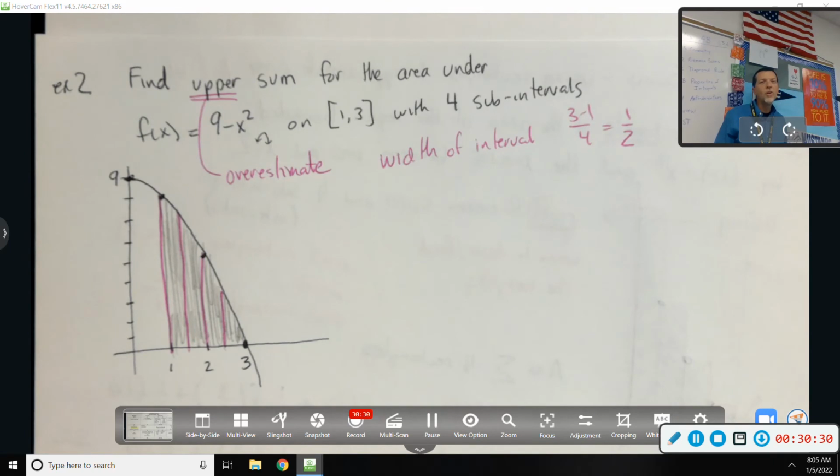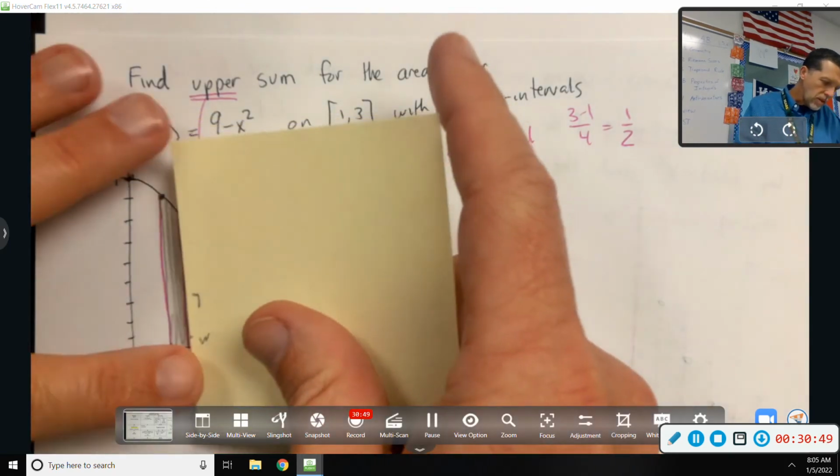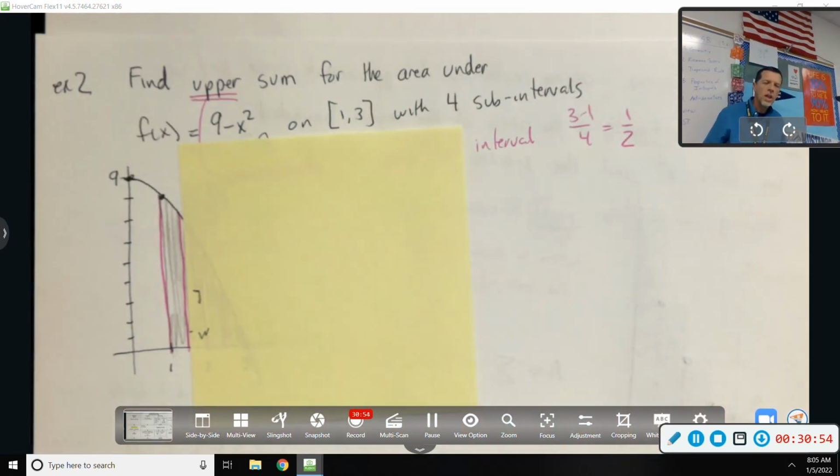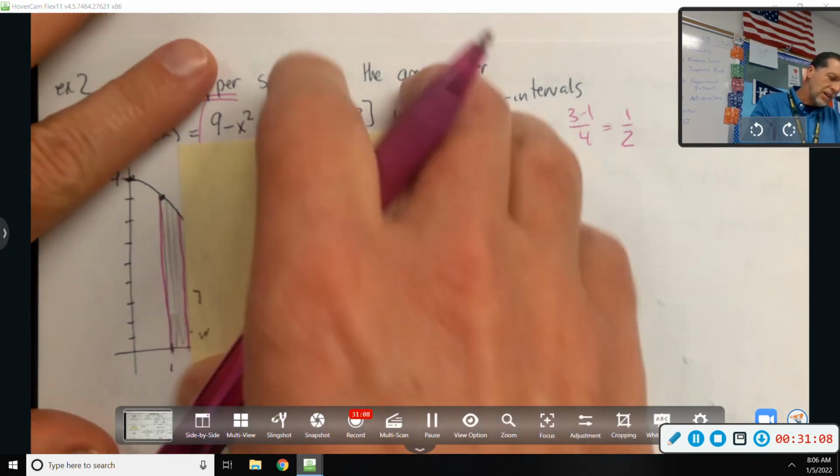Now if I want an overestimate, an upper sum, is this going to be a left Riemann sum or a right Riemann sum? Or do you know? Let's look at one particular rectangle. If I want my rectangles to overestimate the area, do I want to use the left-hand height or the right-hand height? The left-hand height. So for this problem, an overestimate is a left Riemann sum.